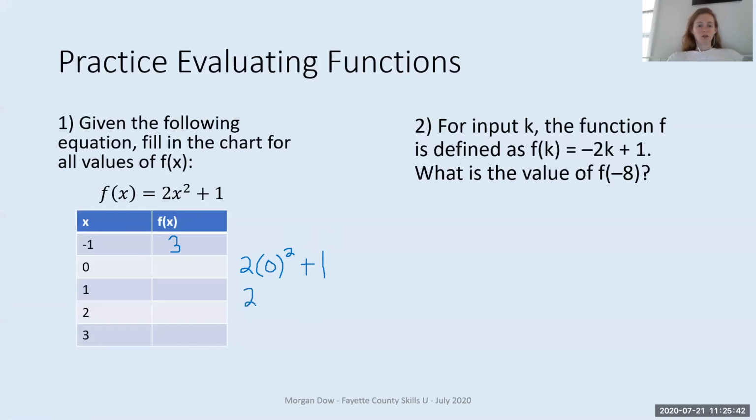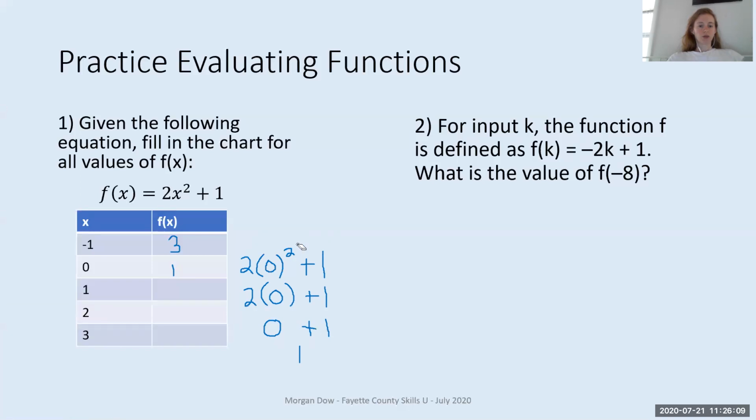So we've got 2 times 0 plus 1. 2 times 0 is 0, plus 1 is 1. So for this particular f of x, when x is 0, f of x is 1.